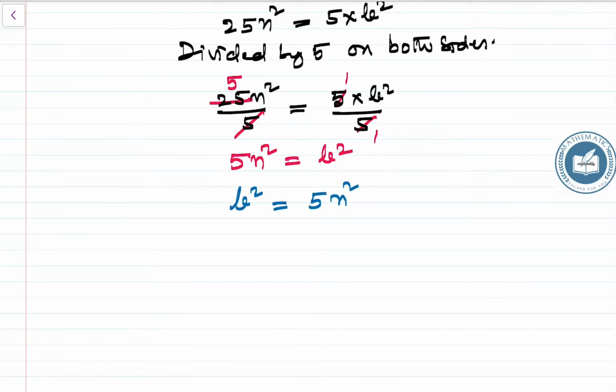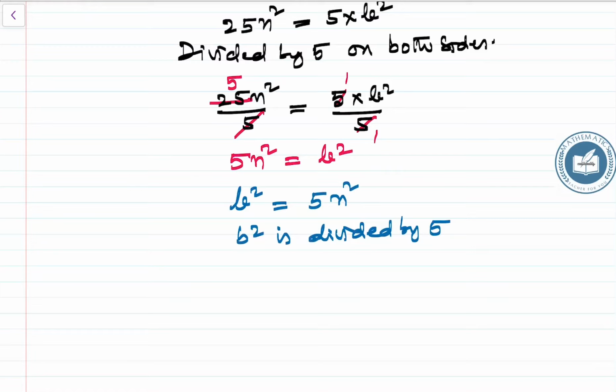Now here b square is expressed as the product of 5 and something, so b square is divisible by 5. Here b square is expressed as 5 times n square. Its meaning is b square is divided by 5.